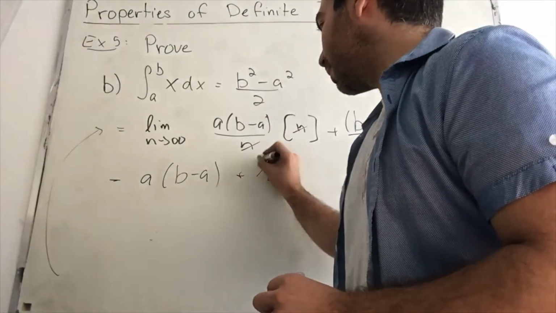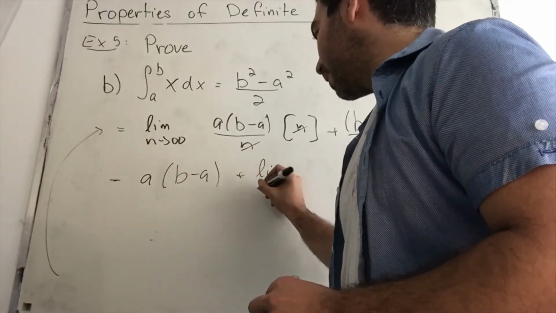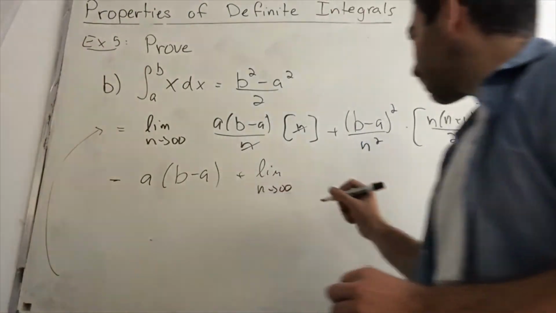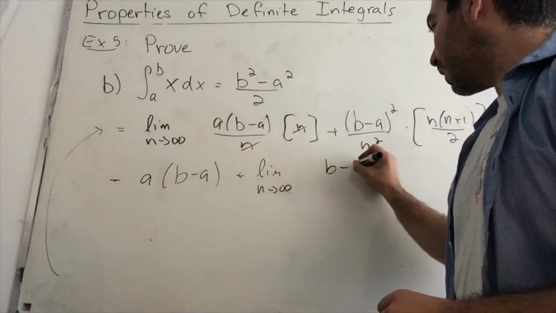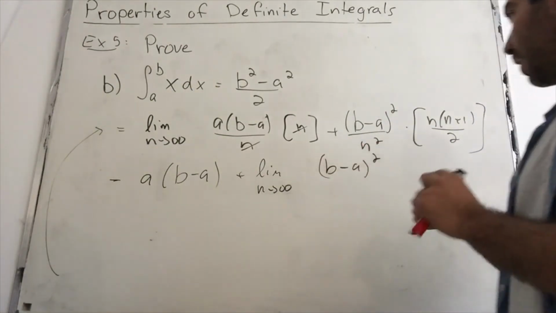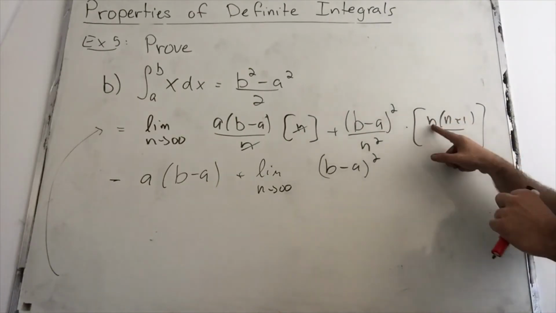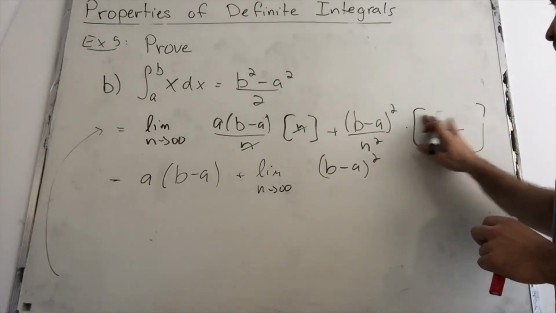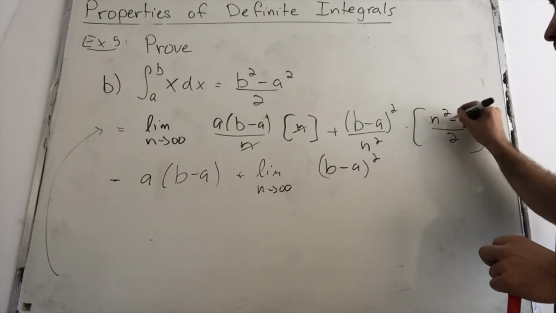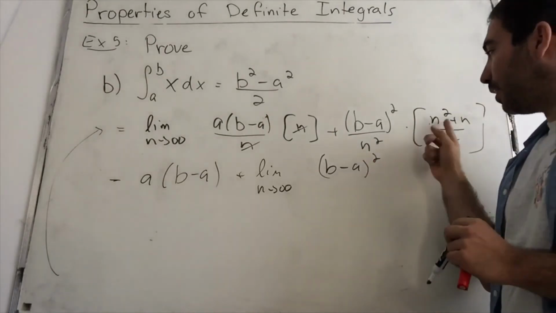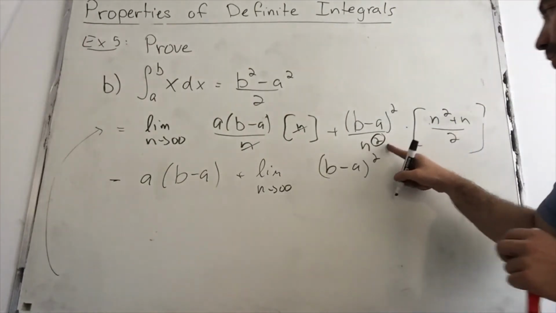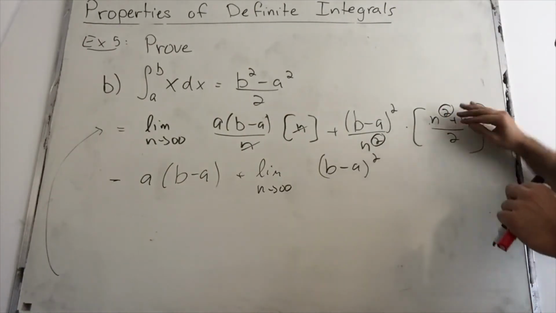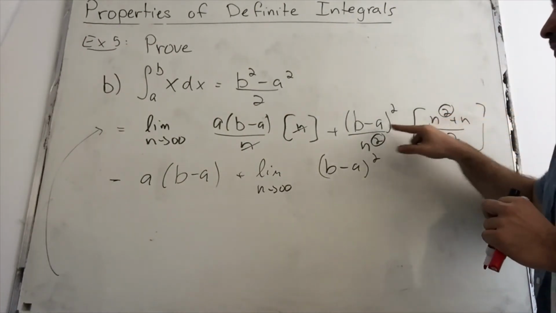So we have plus the limit as n goes to infinity of, on the top, (b minus a) squared, and that's multiplying this term here. But n times (n plus 1) is really, if we multiply the n, n squared plus n. And again, we just look at the highest exponents of the numerator and denominator. Since the highest exponent on the denominator is 2 and on the numerator is 2, we ignore this n and we take the coefficients of both these terms.